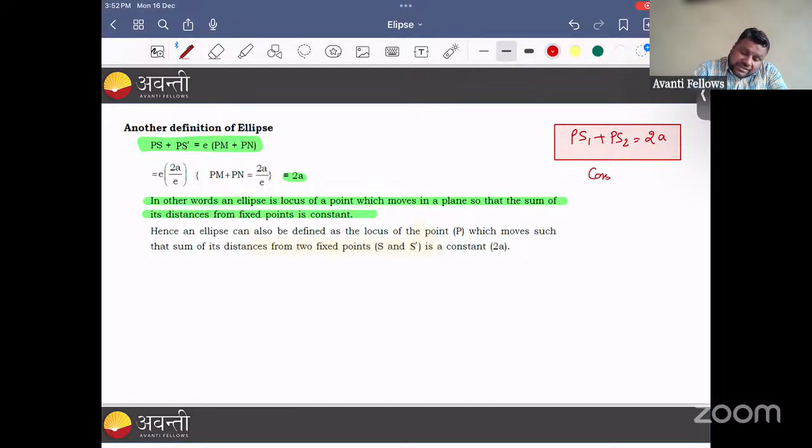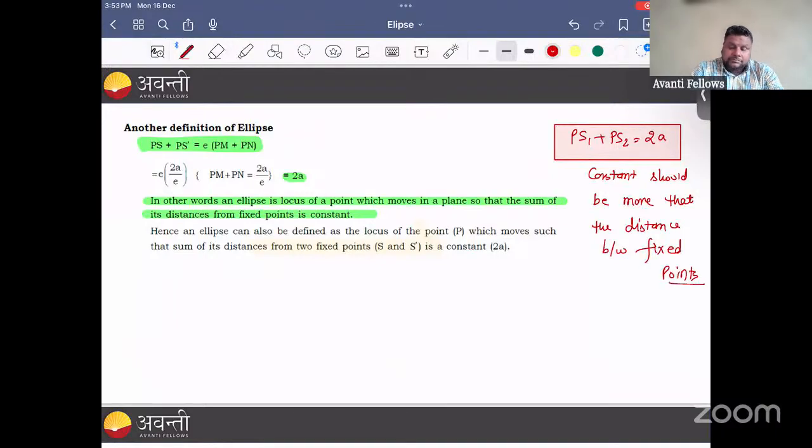This constant 2a should be more than the distance between the fixed points.